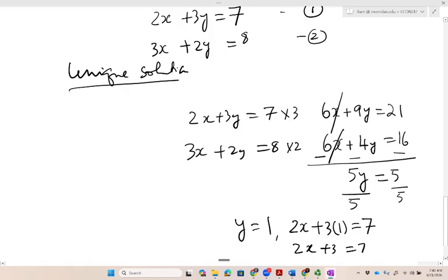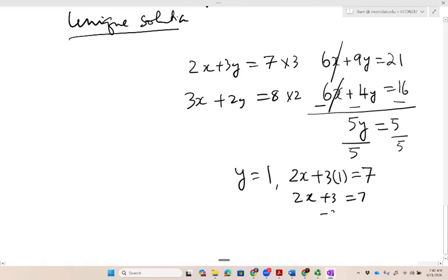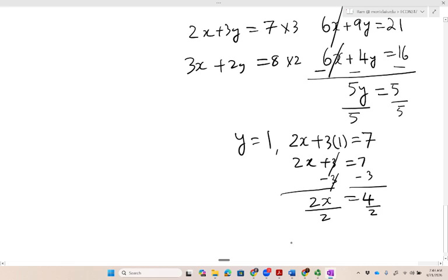I subtract 3 from both sides. What obtains on the left hand side is 2x by itself, and 7 minus 3, 4 on the right hand side. I divide both sides by 2, and then we obtain x equal to 2.